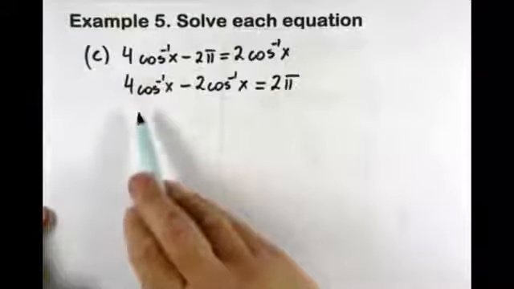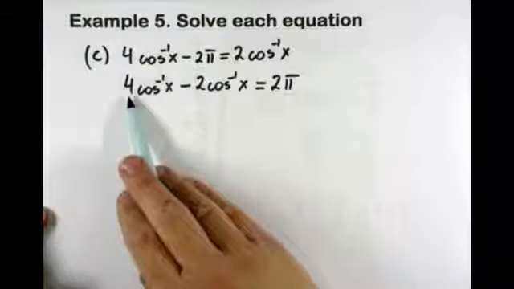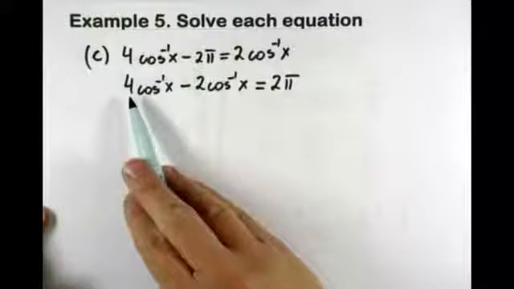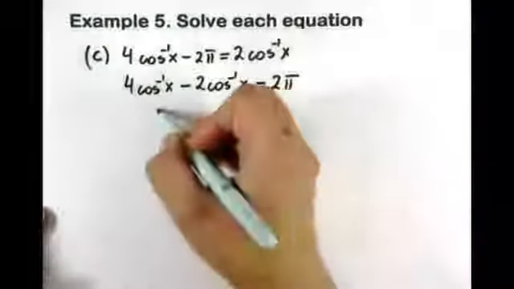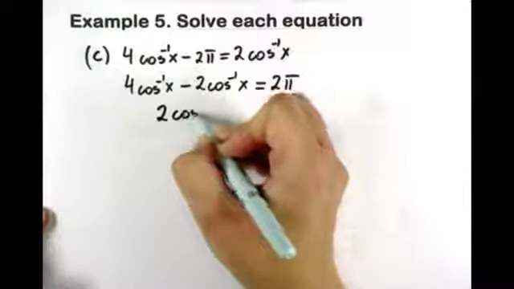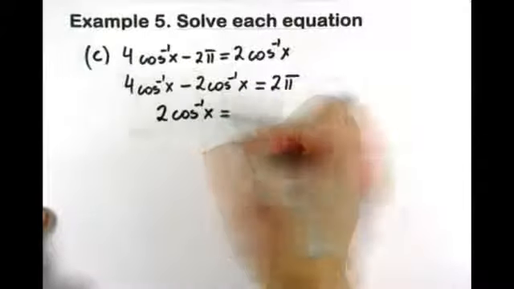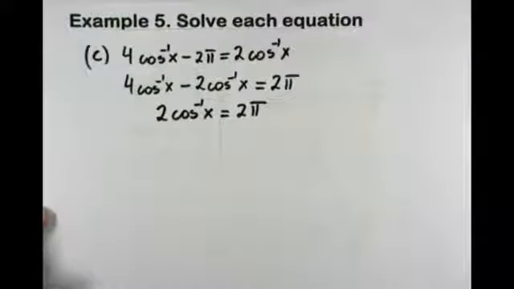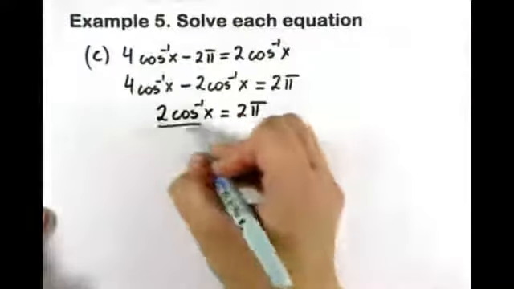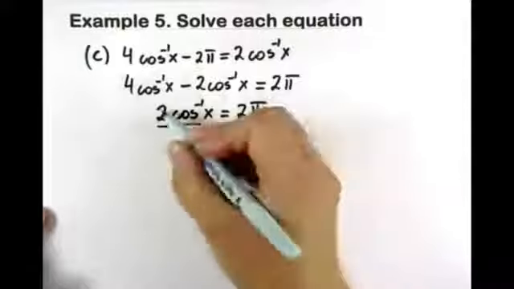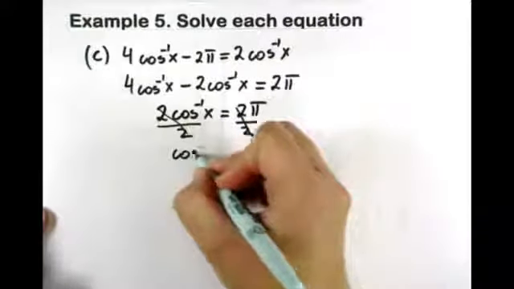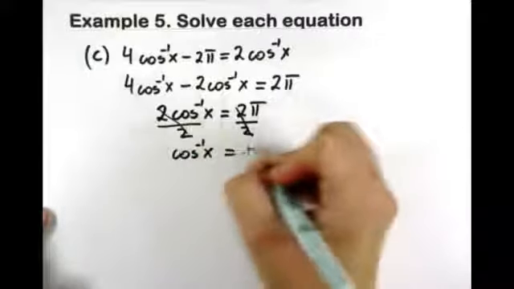Now I can collect like terms. 4 of something minus 2 of something gives me 2 of something. So 2 cos inverse x is equal to 2 pi, divided by 2. So we have that cos inverse x is pi.